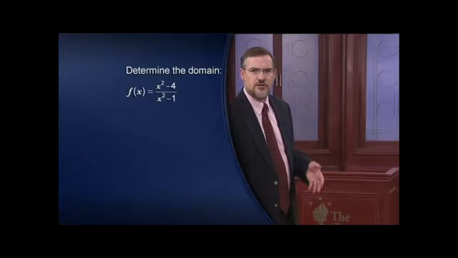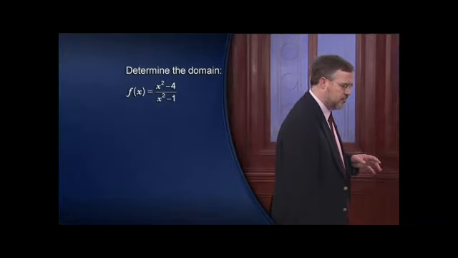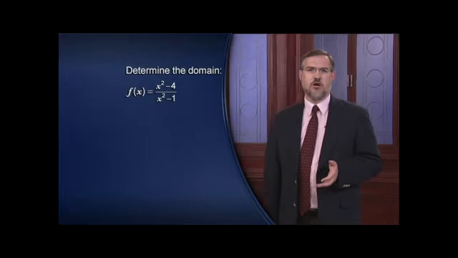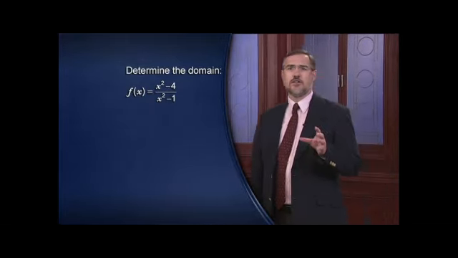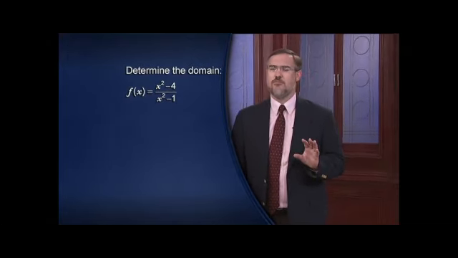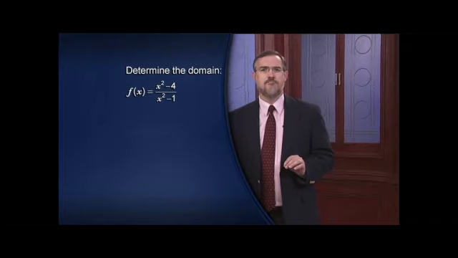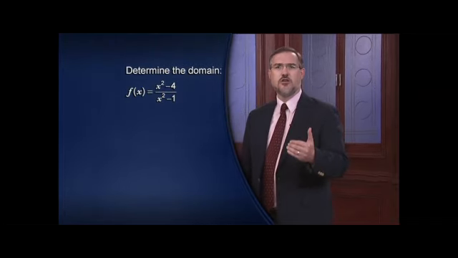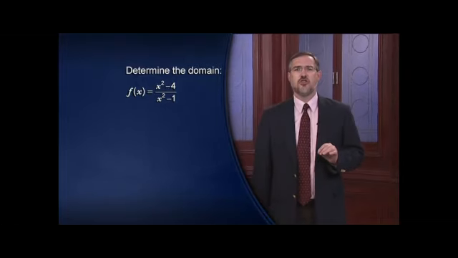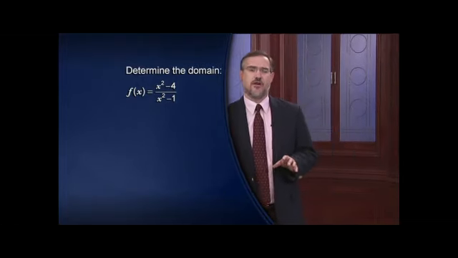Here's the example. Determine the domain of the function f of x equals x squared minus 4 over x squared minus 1. Now notice that really is a rational function. It's a polynomial divided by another polynomial. So we're in the right ballpark. The first thing that you and I should do with one of these kinds of problems is factor the numerator and the denominator of the function.